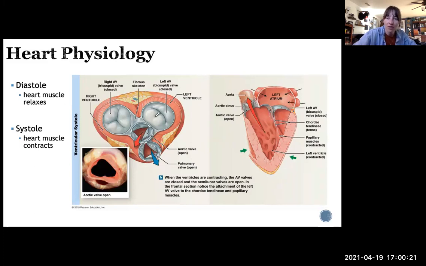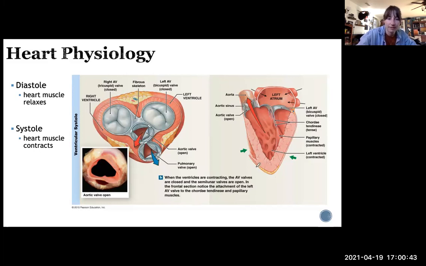Those are shut while the ventricles contract, and instead the aortic and the pulmonary valves open and the blood is forced through there, either up the aortic arch to the body or up the pulmonary trunk through the pulmonary arteries and to the lungs.